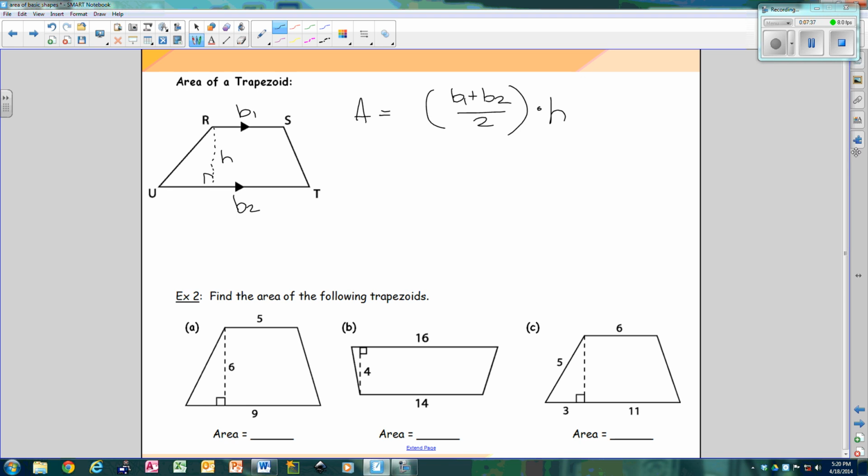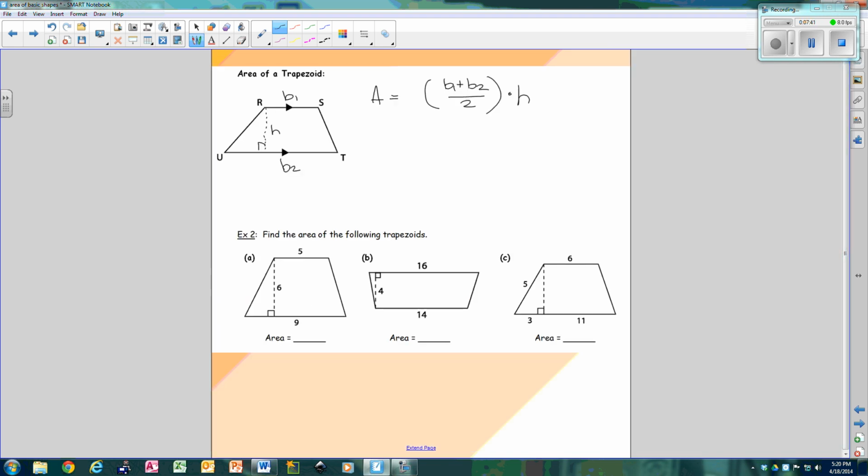So if we look down here at our examples, let's extend the page. The area is base 1 plus base 2 divided by 2 times the height. Don't divide the height by 2. Only add your bases and divide by 2. For example, base 1 is 5 plus base 2 is 9.